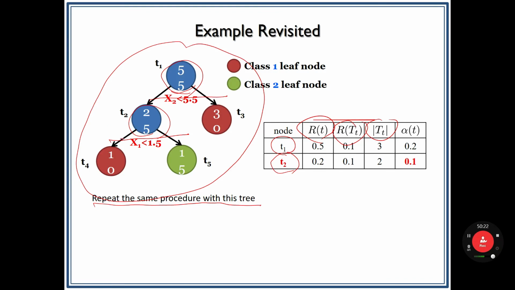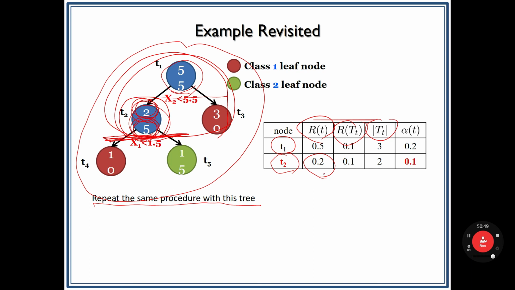So in the case of cutting off these two branches, the error rate by this upper part is 0.2 because these two observations will be misclassified as class 2, because the class label of this leaf node is class 2 as there are more class 2 data points.